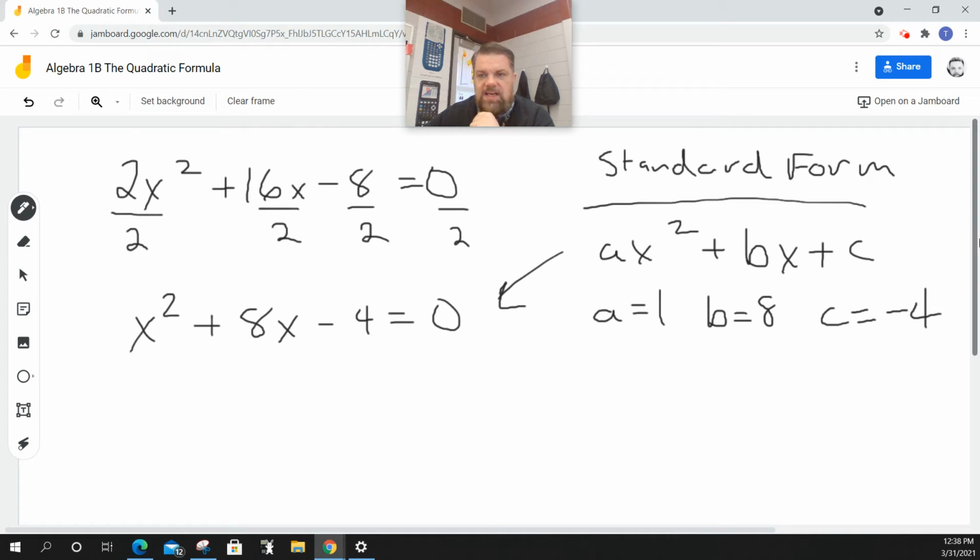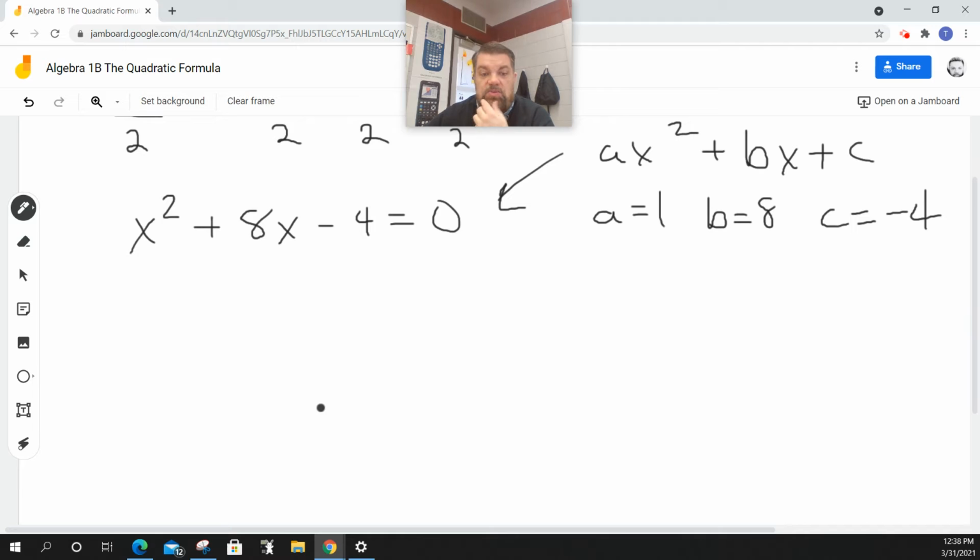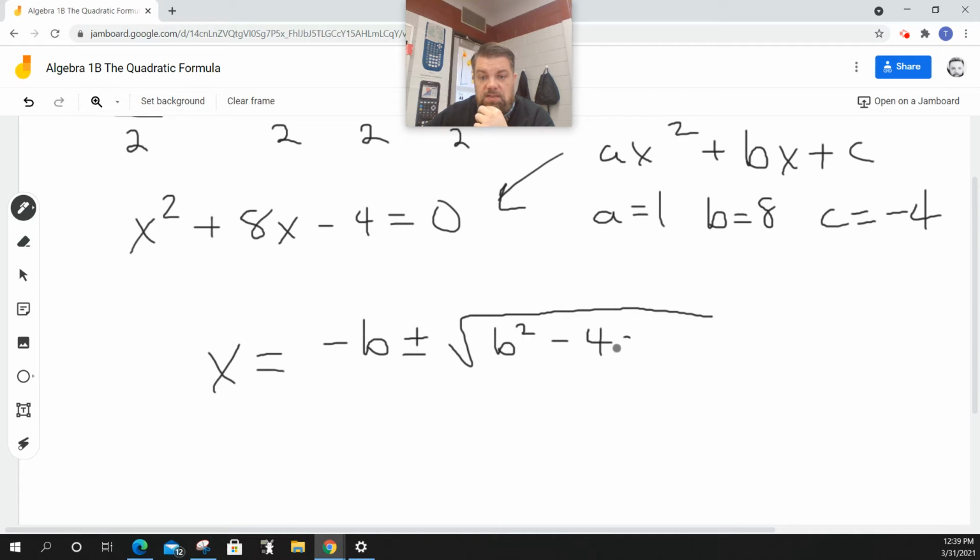So now, why do I need those values? Because the quadratic formula solves the equation by saying negative b plus or minus the square root of b squared minus 4ac, all over 2a.